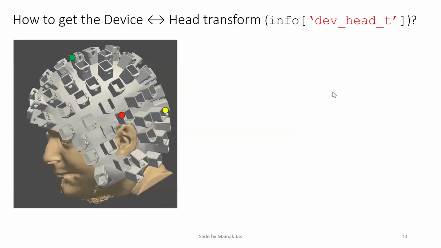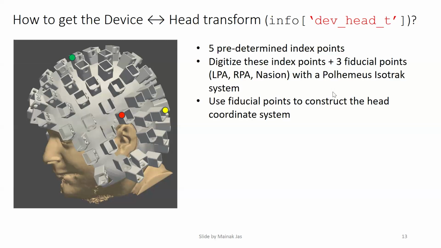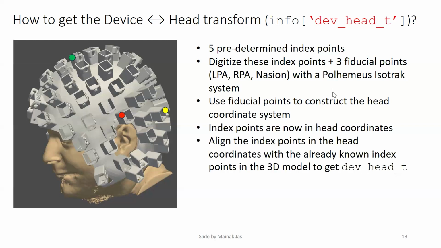Now, what we did was we 3D printed our helmets, and for getting the device to head transformation, in our helmet, we put some index points, which were predetermined points. And by aligning these predetermined points with the fiducials, we are able to construct this transform.